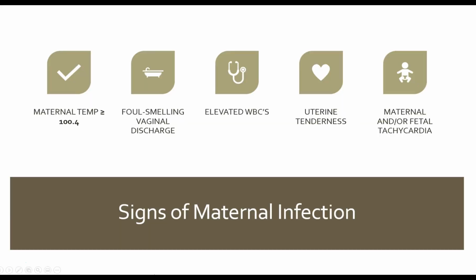Some signs that the woman has an infection: obviously, if she's having a temperature above 100.4, if she's having any foul-smelling vaginal discharge, if she has any elevation to her white count, if she's having uterine tenderness, maternal and or fetal tachycardia. Those are all clues that mom potentially does have an infection. And if mom has an infection, that could affect baby. Baby could also have an infection.